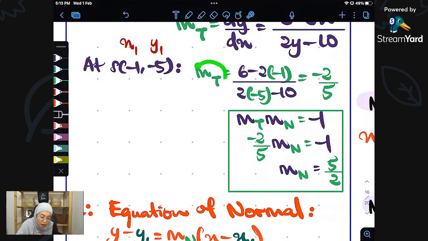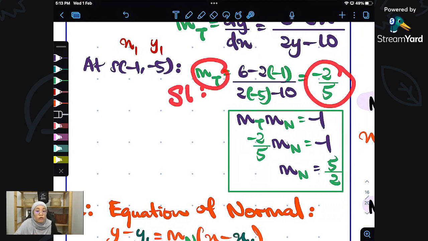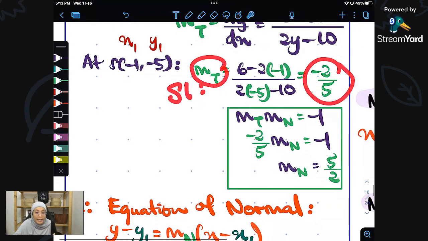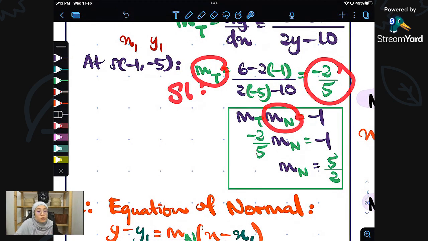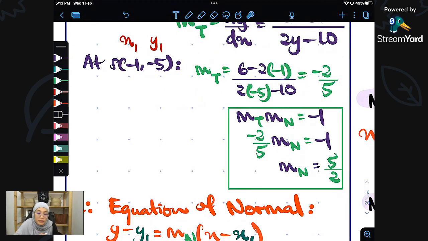After you got this mt, which is step 1, after you got this -2 over 5, you can find your mn, which is the gradient of the normal, by using this formula, which you know already. And so you find mn equals 5 over 2.